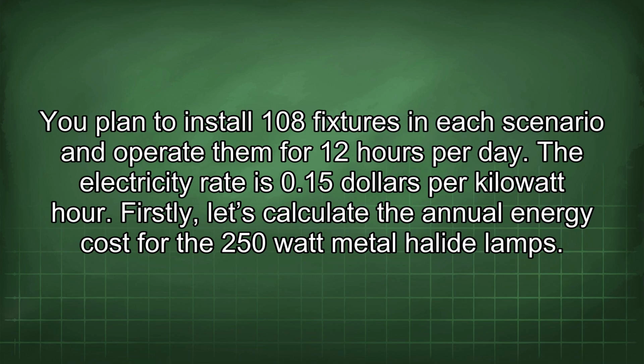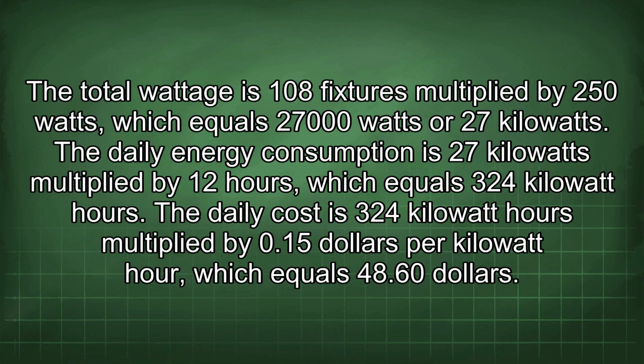Firstly, let's calculate the annual energy cost for the 250-watt metal halide lamps. The total wattage is 108 fixtures multiplied by 250 watts, which equals 27,000 watts or 27 kilowatts. The daily energy consumption is 27 kilowatts multiplied by 12 hours, which equals 324 kilowatt hours.